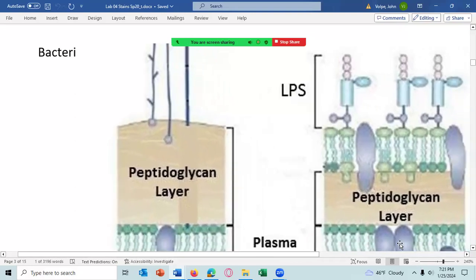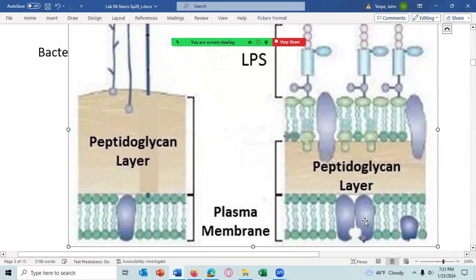Now, when we come over here, we can see the gram-negative cell, and it has a cell membrane as well. And outside the cell membrane is the cell wall. There is a peptidoglycan layer in the cell wall, but it's much thinner than the gram-positive's peptidoglycan layer. And then outside the peptidoglycan, we have a lipid bilayer that's called the outer membrane of the cell wall.